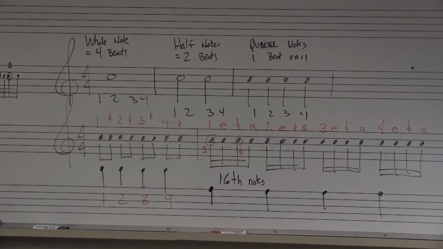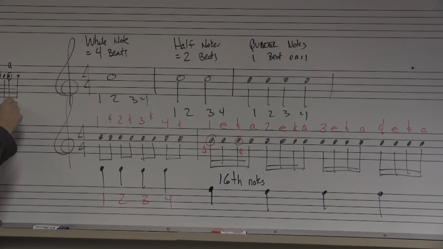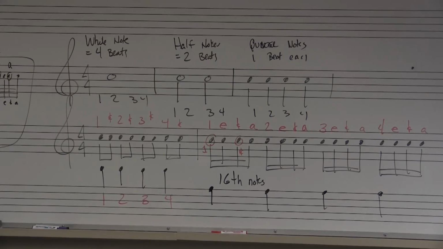So that would be like that. But the way people count 32nd notes is they zoom in with a magnifying glass and just go 1 E and, 1 E and, so that would be beat 1 here. This whole thing. For 32nd notes, we're not going to get into that today, but I'm just showing you. You can keep dividing it.